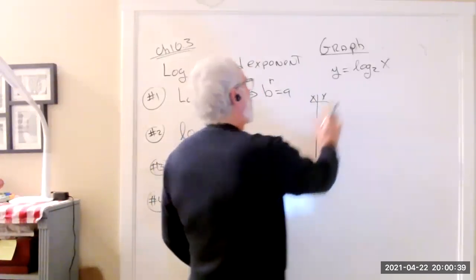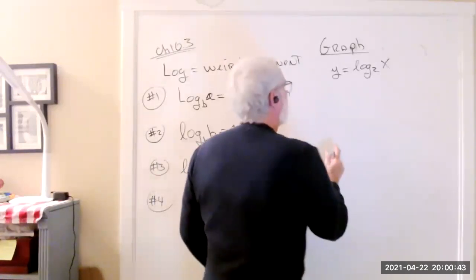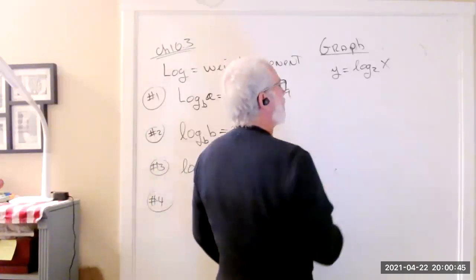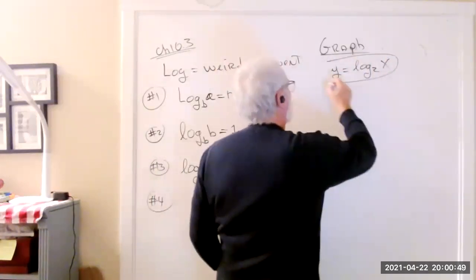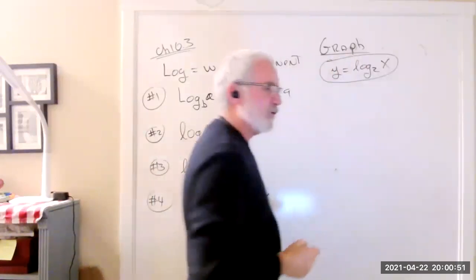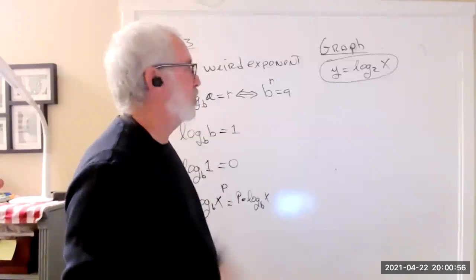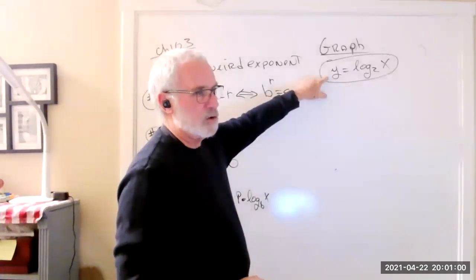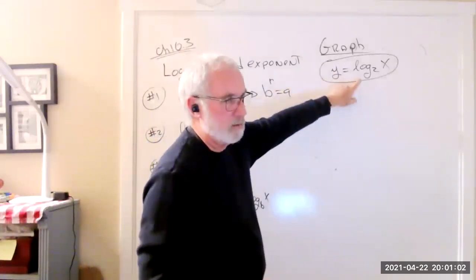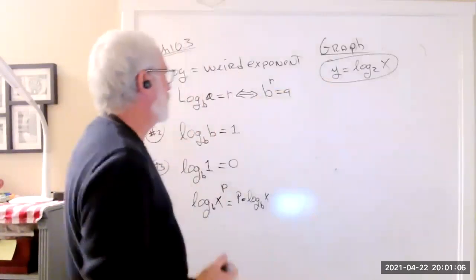The other way is to use the bar rule to convert this. So take a second and see if you can convert that to an exponential. Notice right now it's called a logarithmic equation because it's got a log in it. Convert it according to the bar rule to an exponential.